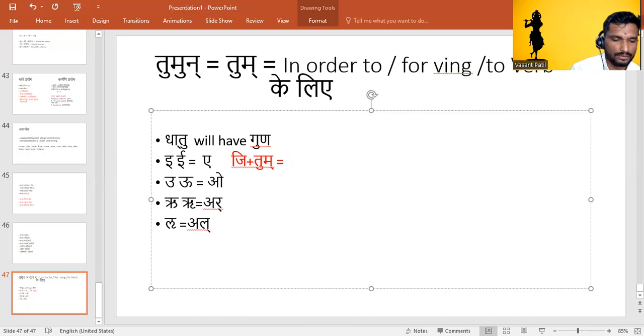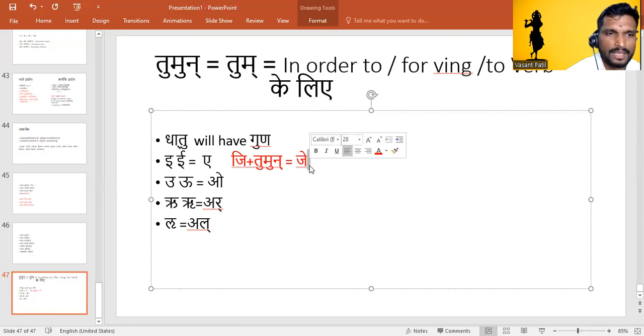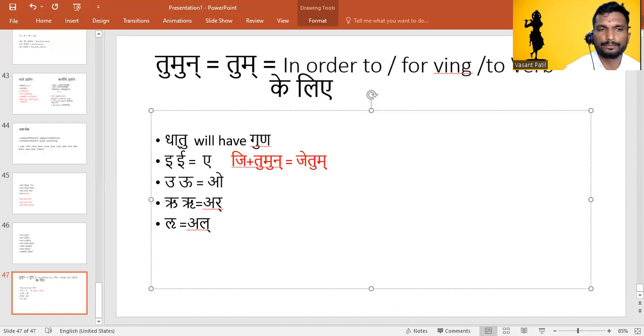Dhatu will have guna. For example, ji will become je and tumun, only tum will remain. I will write down tumun here because tumun is the pratyaya, and je and only tum remain. Je tum.